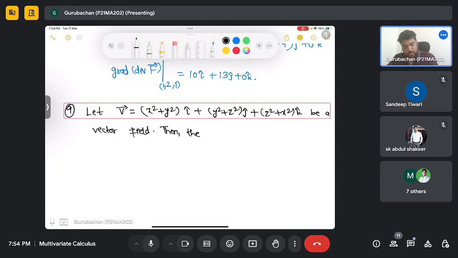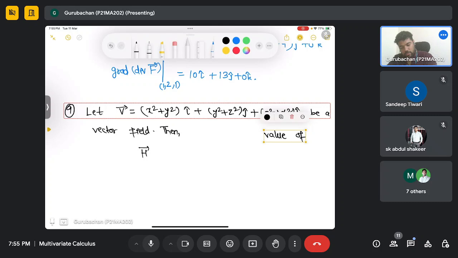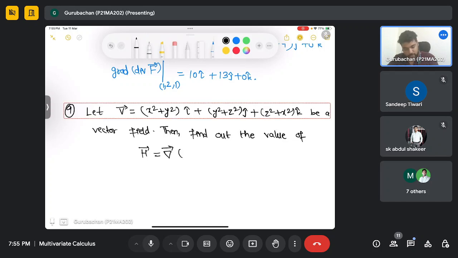Then find out the value of vector h, that is del of del dot v minus del square of v at point p 1, 2, minus 1.